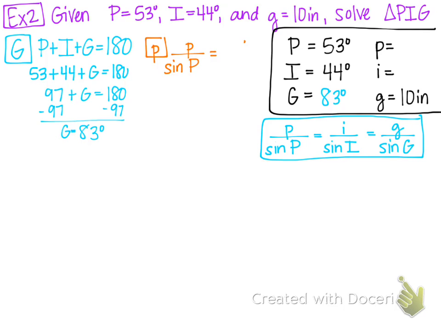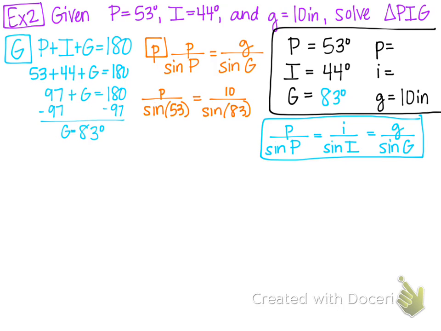So it's equal to little g over sine of big G. Now we have to substitute in first. Little p, which is what we don't know, over sine of big P, which is 53, is equal to little g, which is 10, over sine of 83.